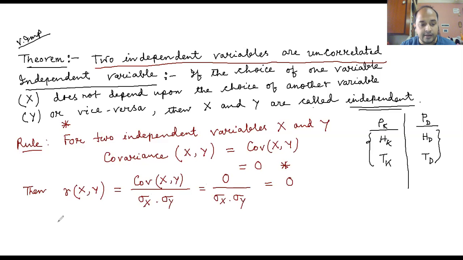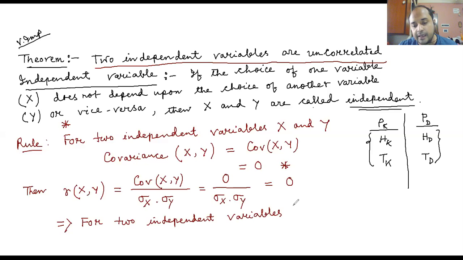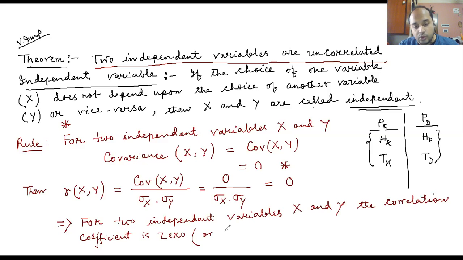This implies that for two independent variables capital X and capital Y, the correlation coefficient is 0, or two independent variables are uncorrelated.